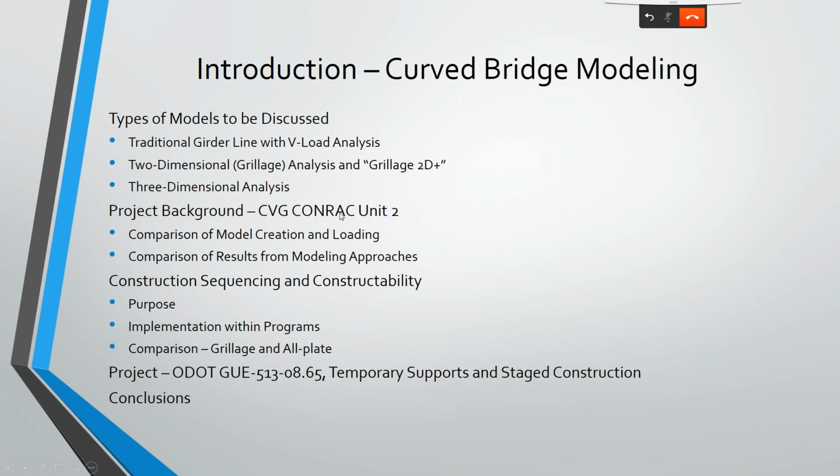I'll give you a little bit of background on the CVG CONRAC project, a couple of the models that we created and comparisons of those models, and then construction sequencing and constructability checks in those, as well as Guernsey 513, which is an ODOT project where we were using temporary supports with staged construction.